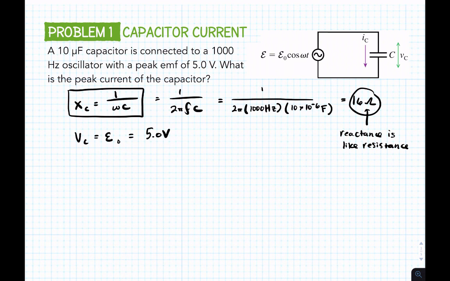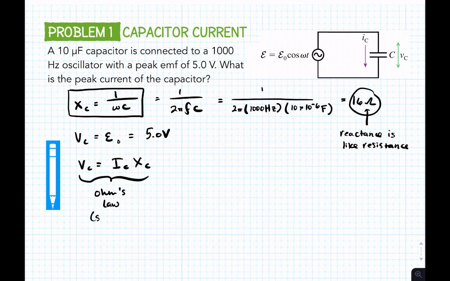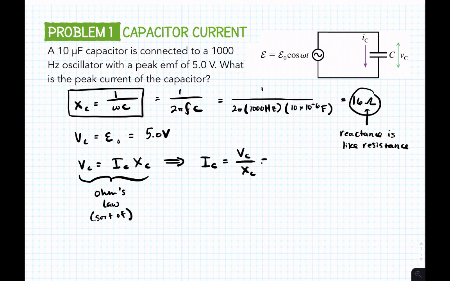It used to be the battery, now it's this squiggly source. So we have 5 volts divided by 16 ohms, and this should give you 0.314 amps. So that's 314 milliamps. Any questions about that?